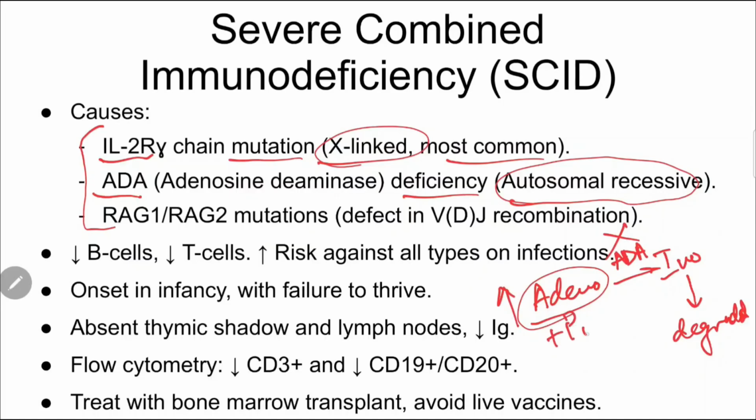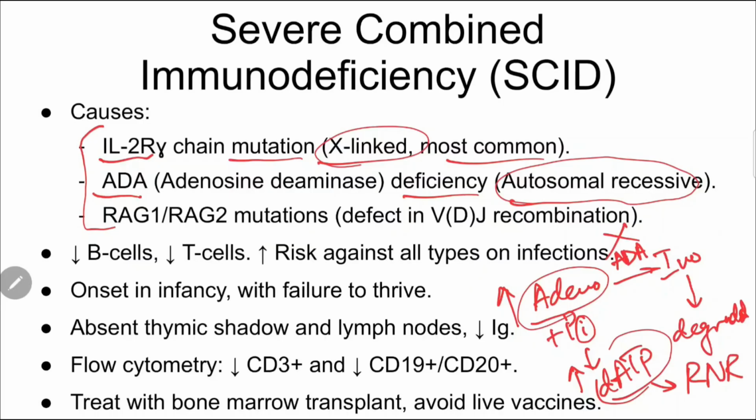Phosphate groups are added, and that leads to accumulation of dATP, right? This excess dATP is highly toxic to lymphocytes, right? Why? Because increased dATP levels inhibit the enzyme known as ribonucleotide reductase. And you know that ribonucleotide reductase is a very important enzyme that is responsible for DNA synthesis.